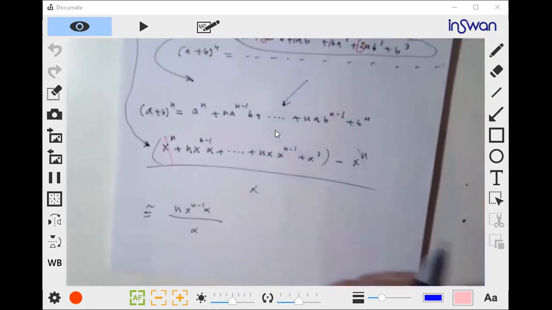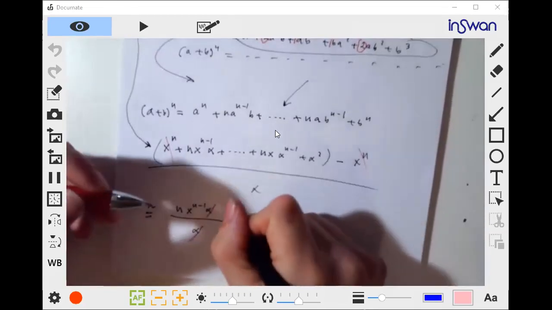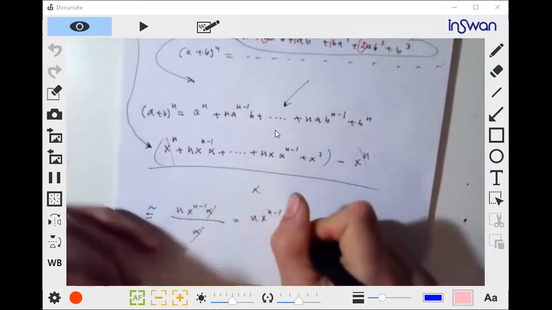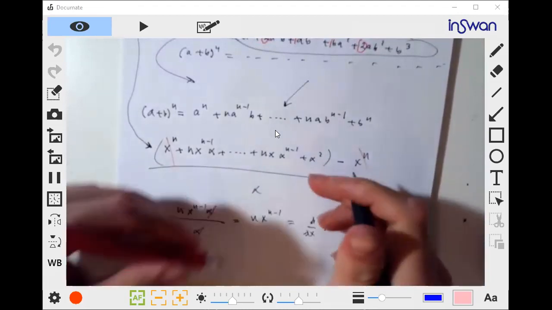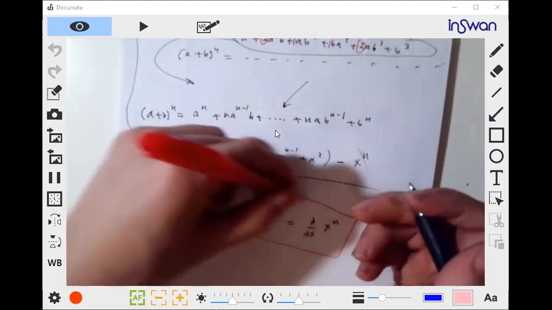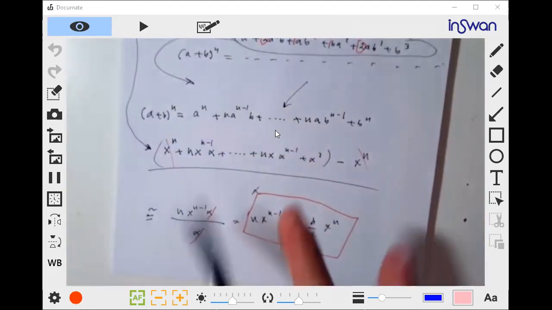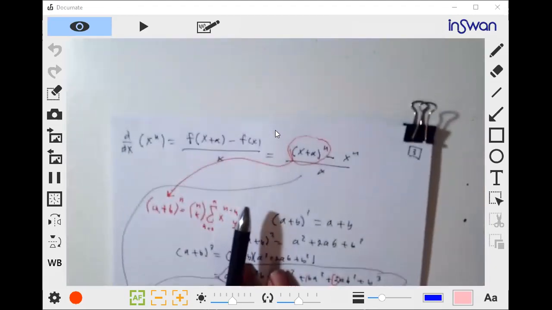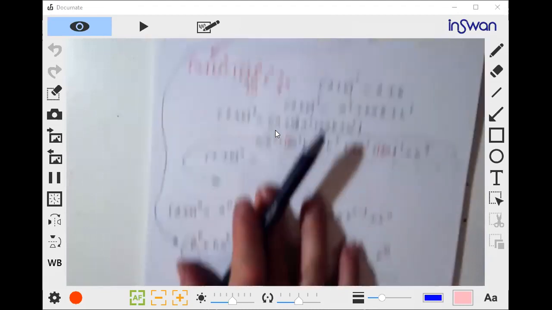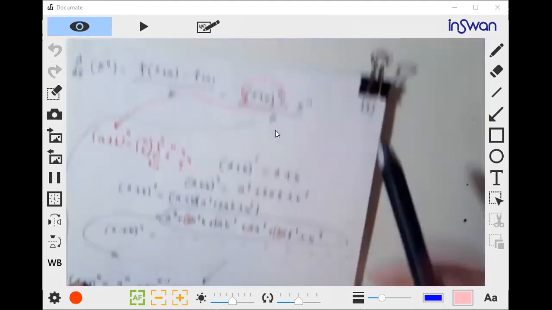So we get this right here. And we notice that the alphas cancel. And so this becomes n x to the n minus 1, which was equal to our d/dx of x to the n. So you don't have to worry about all this stuff, guys. Just know that d/dx of x to the n is n times x to the n minus 1.